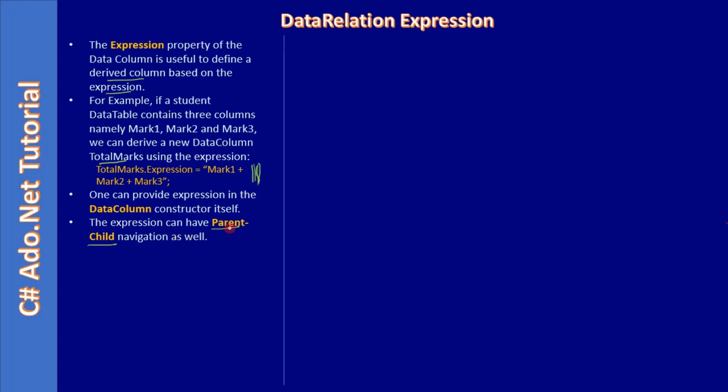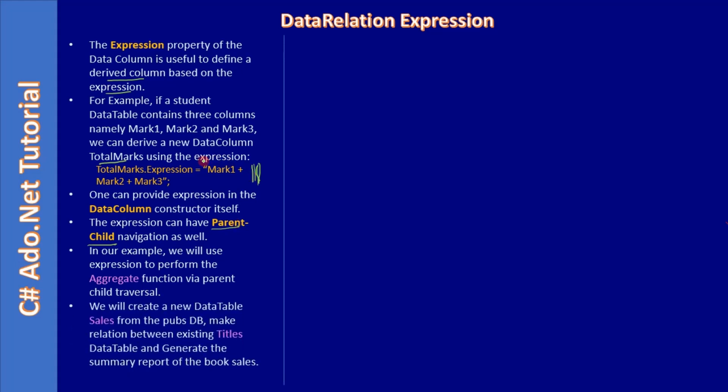But it's also possible to have parent-child navigation, and in this example we will make use of this parent-child navigation based expression columns. In our example, we will use expression to perform the aggregate function via parent-child traversal. So that's what we are going to see in this video.